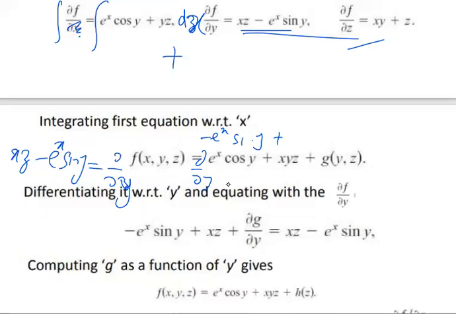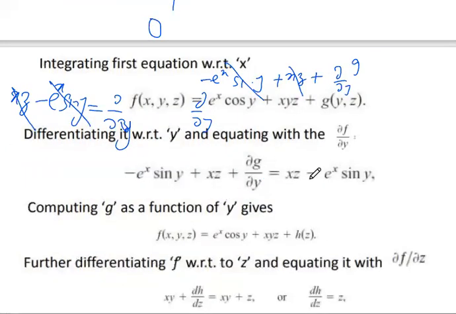This is x z. This is partial of g with respect to y. Yeah, so you can cross this off.